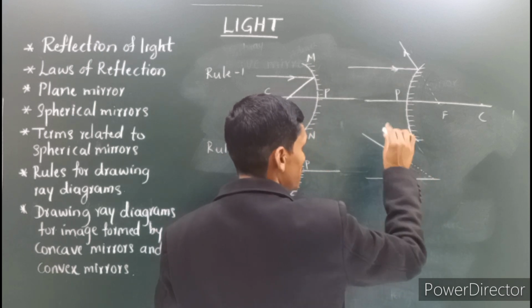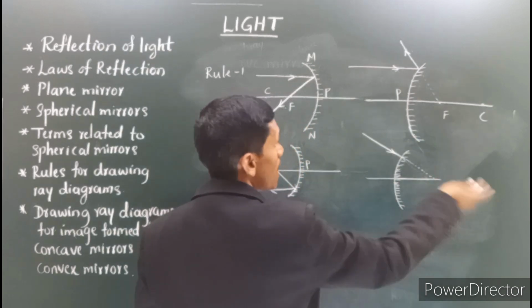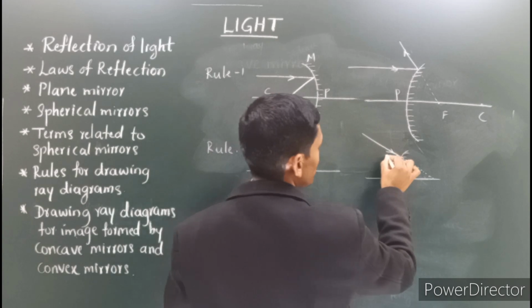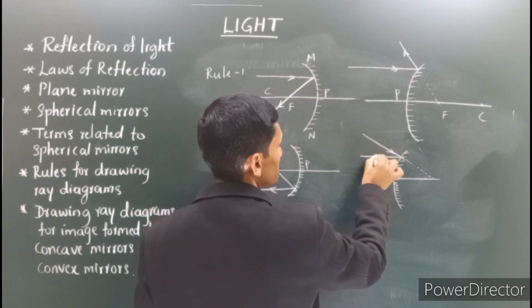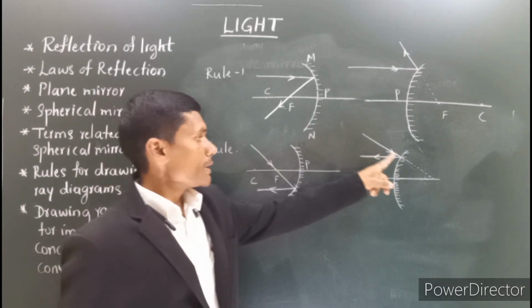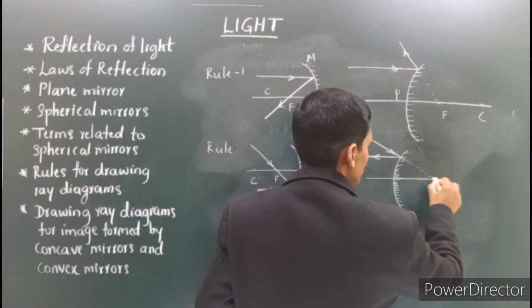It is appearing to be passing through the principal focus. After reflection, this emerges parallel to the principal axis. See, it is appearing to be passing through the principal focus first.